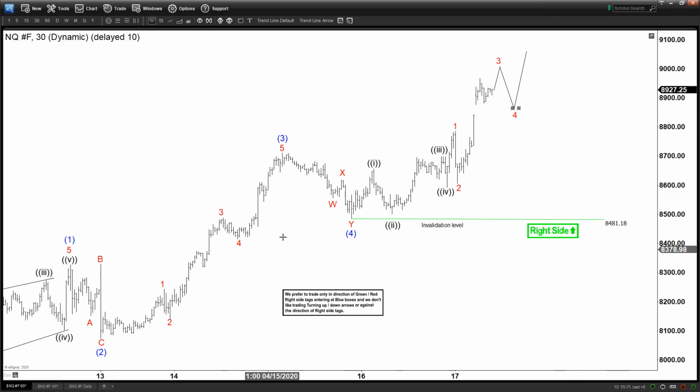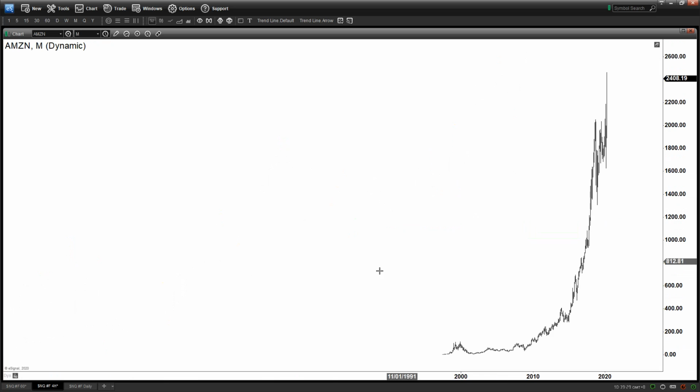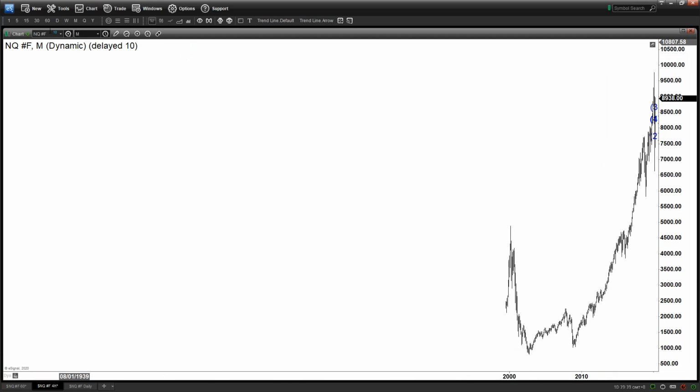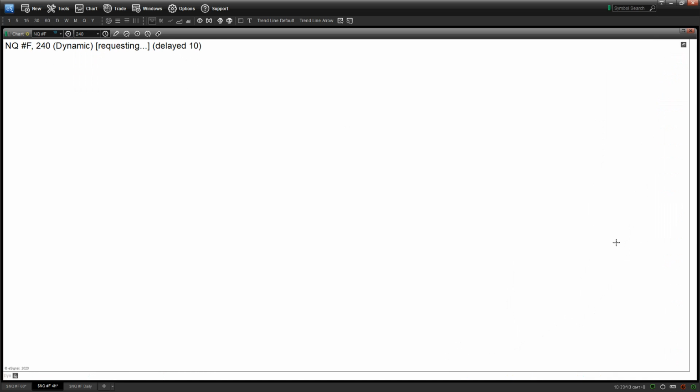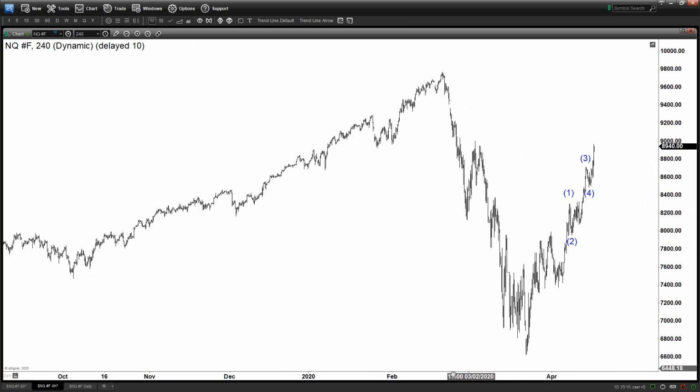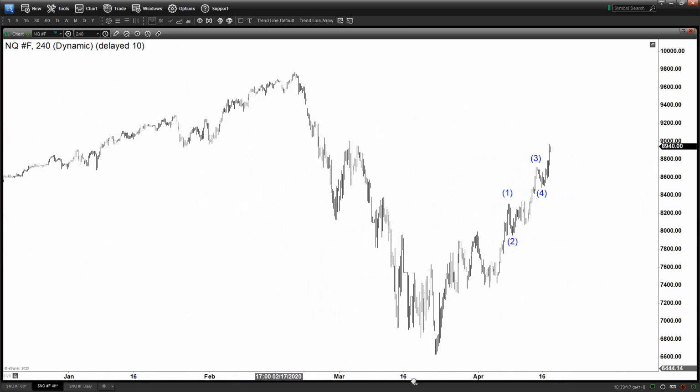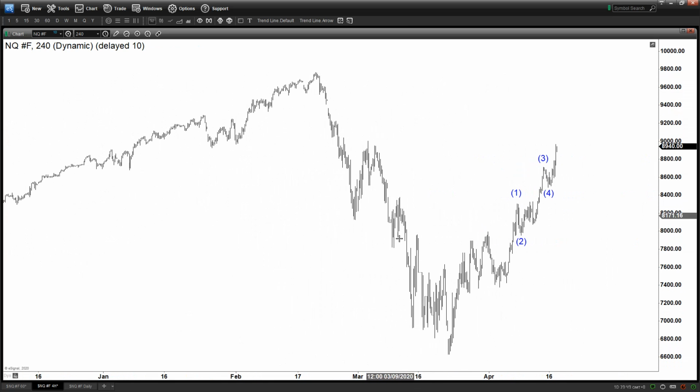So let's check it out from a bigger point of view, looking at the 4-hour chart of the Nasdaq. Over here, this is of course, as you know, the sell-off because of COVID-19, and this is the low, and now the rally.